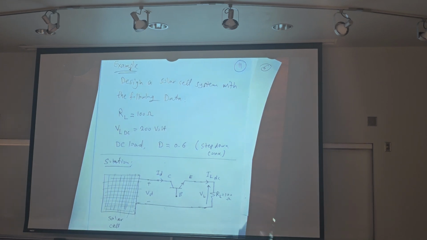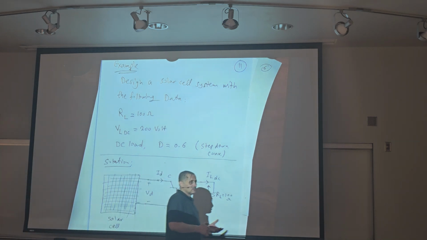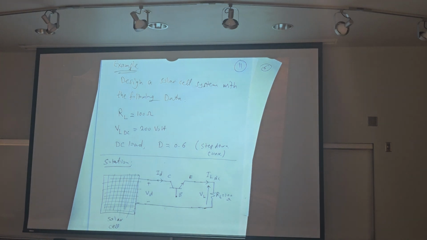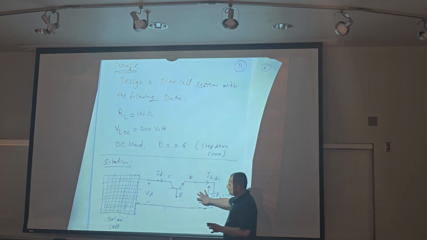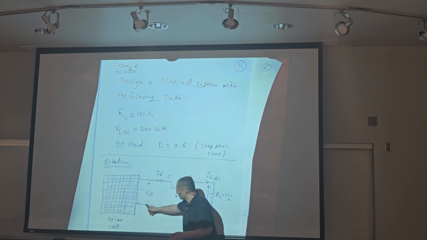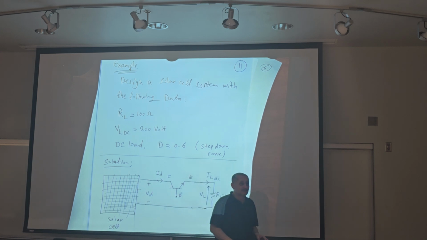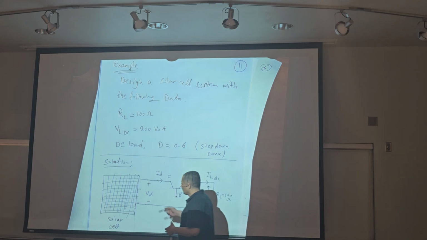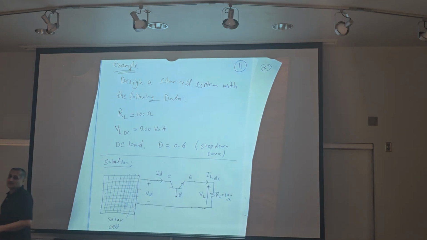First step, draw the circuit diagram, and then we will design. You are the designer now. We draw the circuit, then calculate VD and ID. After that we will design the solar cell panel or panels.